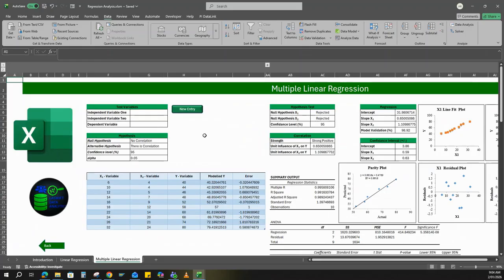For this example, we will look at a classroom scenario. The dependent variable is exam performance. We are saying that the exam performance of the students is dependent upon, one, revision time, the time taken to do revision, and two, lecture attendance.